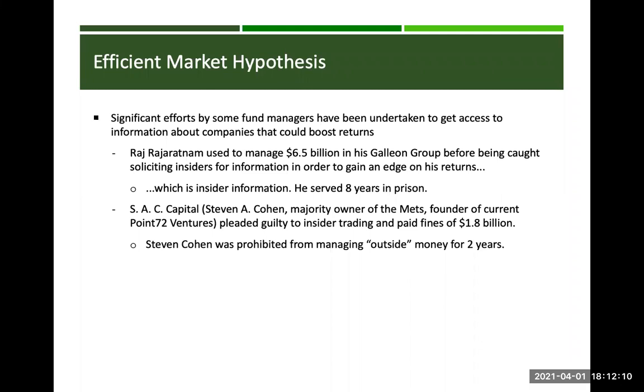And if you want to see something that just defies belief, pull up his deposition and watch his responses to insider trading and what it is and did he do it. The $1.8 billion, some of it was forfeiture of capital. That's how they came up with those numbers.